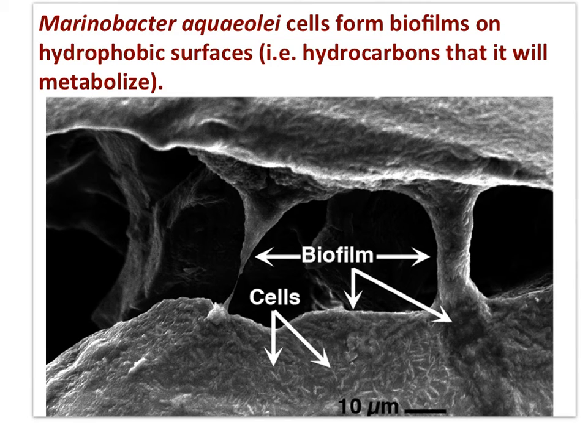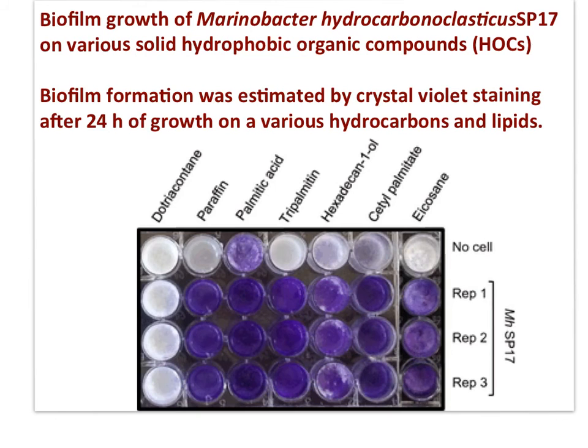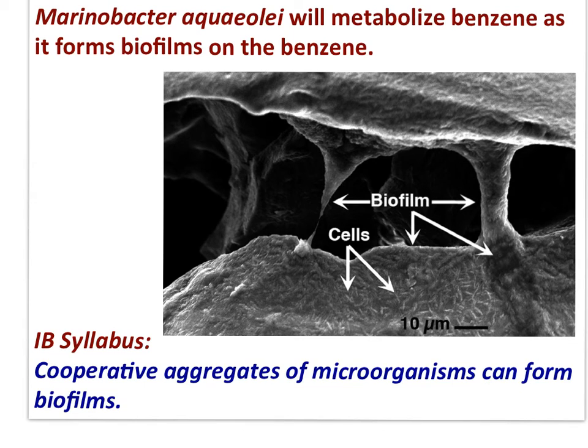Marinobacter will form biofilms on sediments on the ocean floor, sediments polluted with hydrocarbons. Marinobacter, as a halophile, works in locations where many other bacteria would not survive. The Marinobacter bacteria in this image, the same image I just showed you earlier, are growing in films on the hydrocarbons that they are metabolizing. Marinobacter will metabolize benzene as it forms a film on the surface of the benzene.